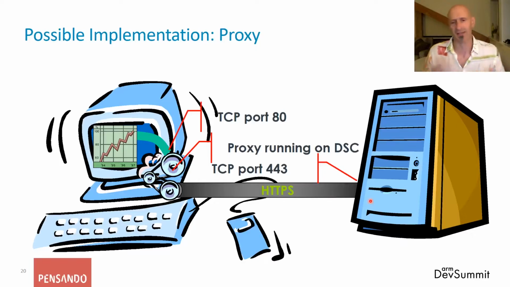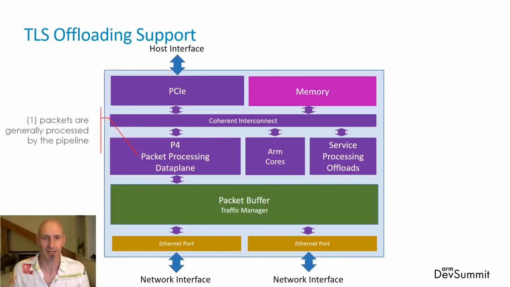And again, port 80 and port 443 are just an example. The idea is the applications do not encrypt traffic, and then the encryption is performed within the distributed service card.